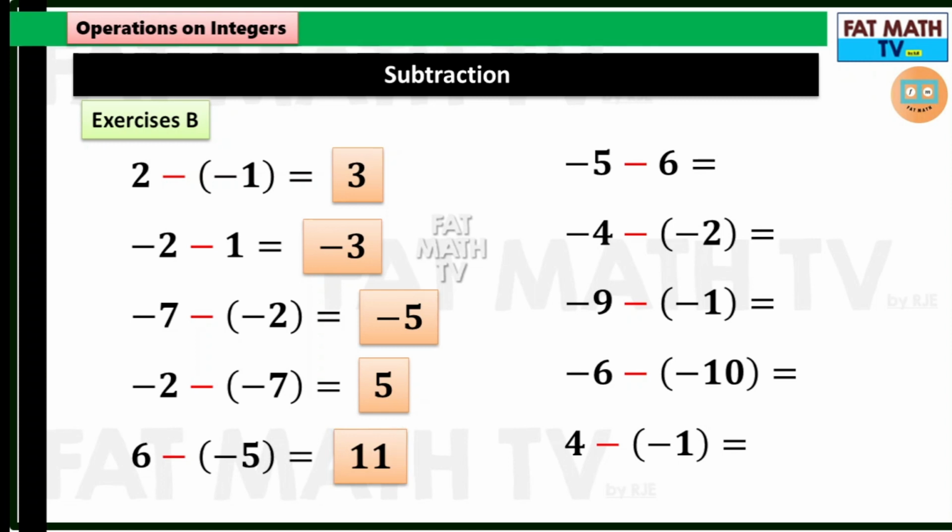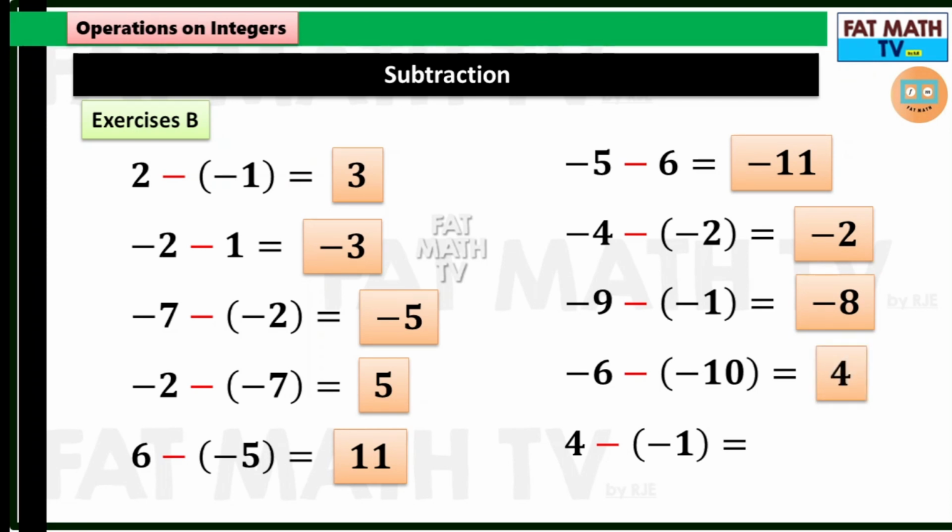Negative 5 minus 6 is going to be negative 5 plus negative 6. That is negative 11. Negative 4 minus negative 2 is negative 2. Negative 9 minus negative 1 is negative 8. Negative 6 minus negative 10 is positive 4. And 4 minus negative 1 is positive 5.